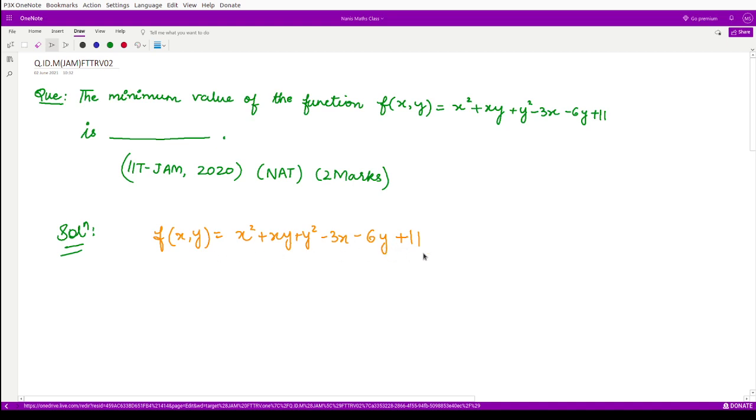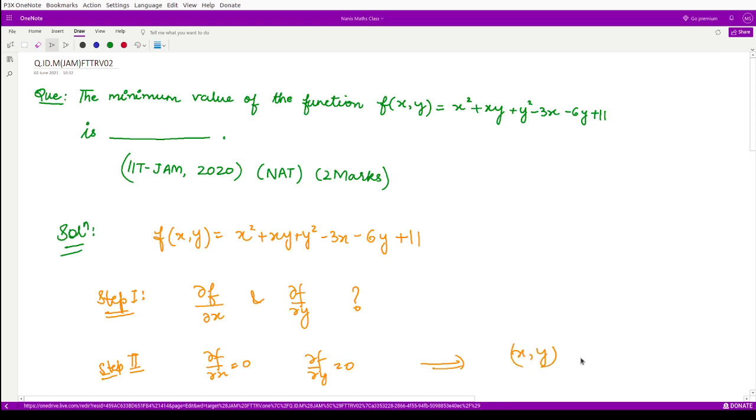Now, what is the procedure here to calculate the minimum or the maximum value? In step 1, you are to calculate the partial derivative of f with respect to x as well as with respect to y. In step 2, you substitute these equal to 0, so that whatever is the value of x and y, those are your critical values.